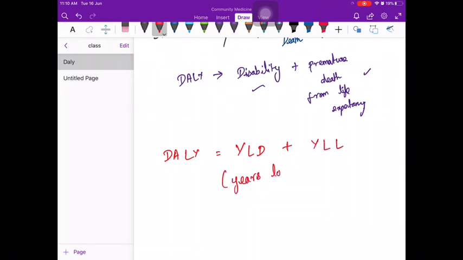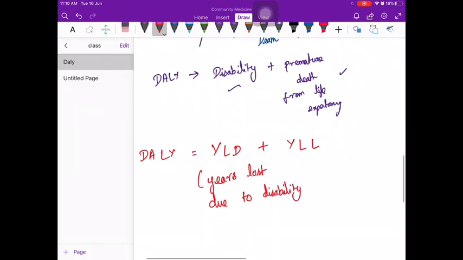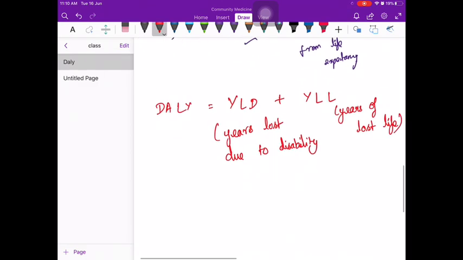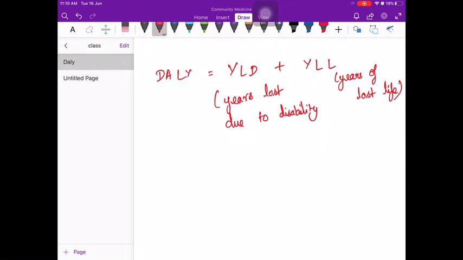Years lost due to disability and years of lost life. Let's see how YLD and YLL are calculated separately. First, let's see how years of lost life, that is YLL, is calculated.